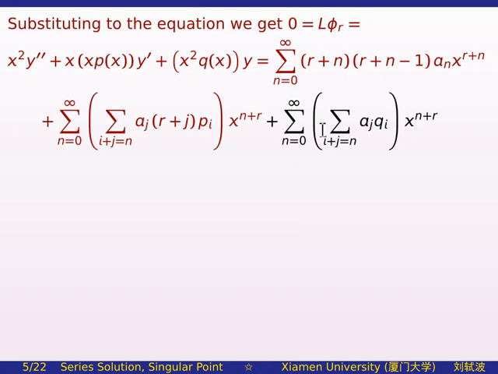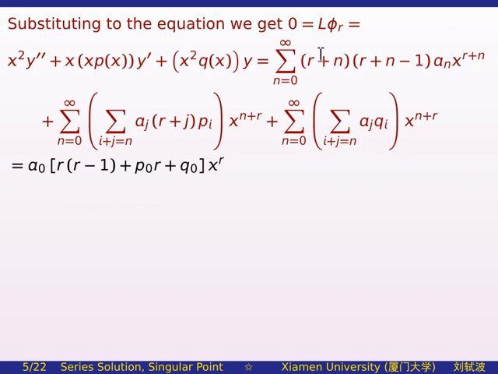Okay, so how to simplify this computation? We write the second order term, combine the coefficient of the second order term, but we also write the terms n equal to 0 and n equal to 1 separately. Sorry, we only write out the term involving n equal to 0.